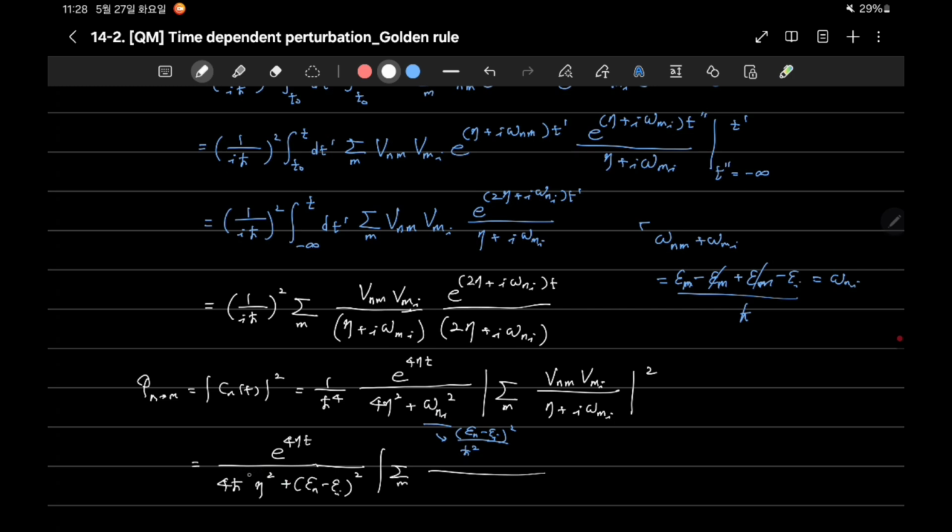It is not ħ squared, because in the ħ squared it is ħ to the 4 and ħ squared, but the ħ squared applies to this squared term. So it is ħ(η + iω_i minus ω_m), and V_nm V_mi, to the square.